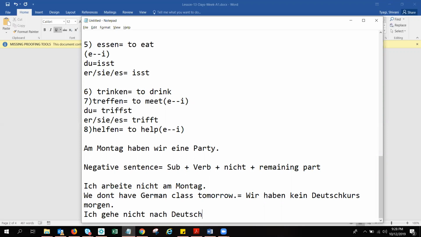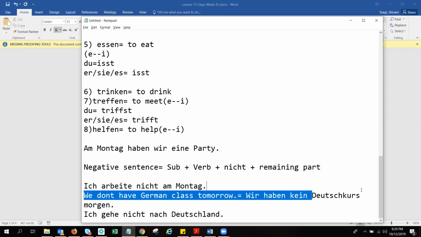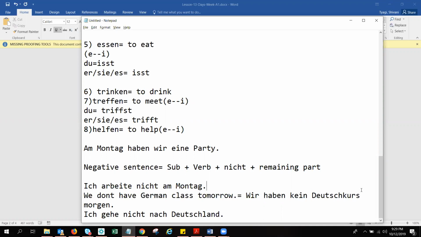Now you will say Deutschland is also a noun, but it is taking a preposition here. So this noun is with the preposition. If I say I have no German class or I don't have German class, in that case I'm using that no for the noun. So whenever you are using no for a noun, as in English also I say we have no class. I don't say we have not class.